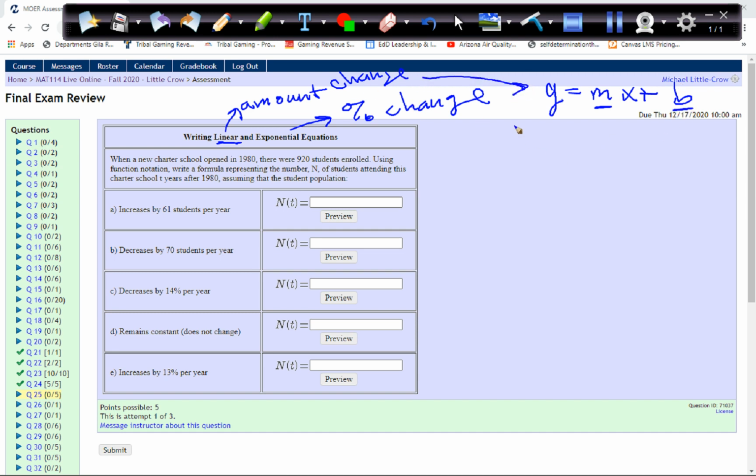Percent change, or exponential, will be starting value, which we label A, times the base, which is going to be 1 plus the rate. And if we're losing, it could be a negative rate, so it'll subtract. We'll do the rate as a decimal, and then we've got some variable up here.